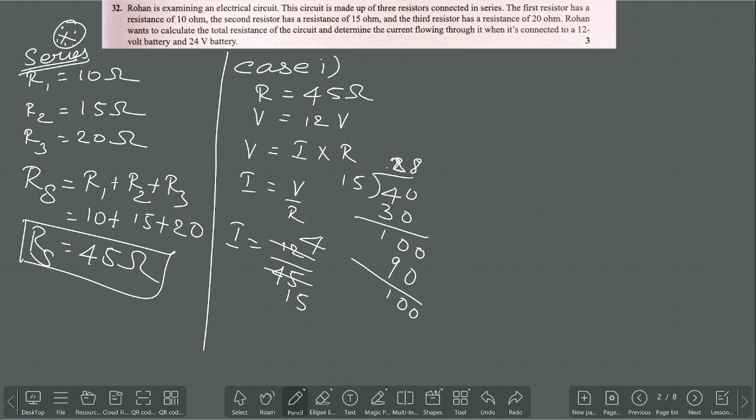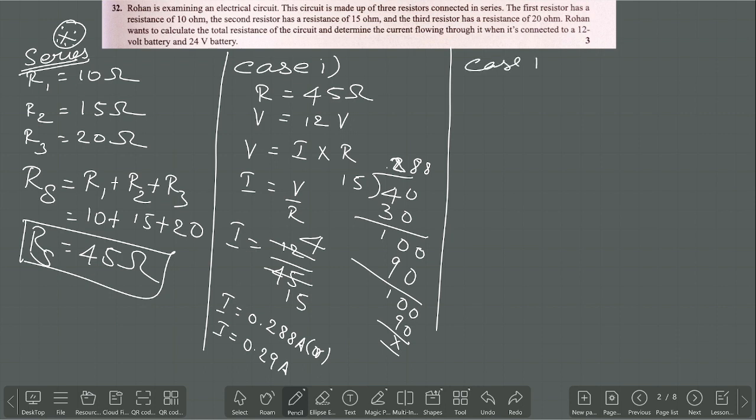Again 0. 8 15s are 90. So going down, repeat like this, just stop up to here. So I is equal to 0.288 ampere. We can write it as I is equal to 0.29 ampere. Like this, calculate for the second case.